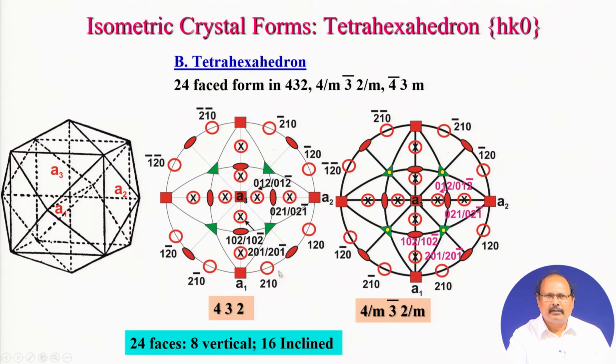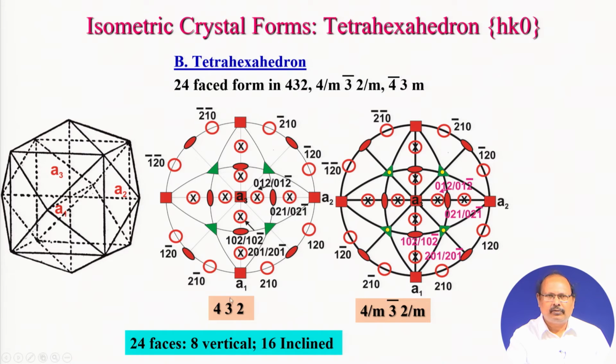If we start with 4 3 2, you have these 3 4-fold axes of symmetry. This is the vertical 4-fold axis, which is also the A3 axis, and this is the horizontal 4-fold axis, which coincides with the A2 axis, and this is another horizontal 4-fold axis, which coincides with the A1 axis here.